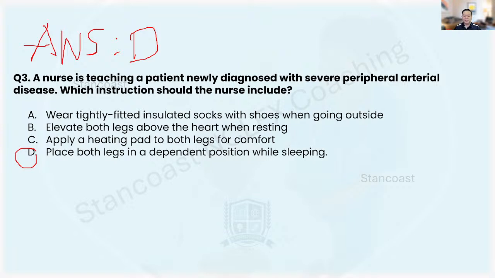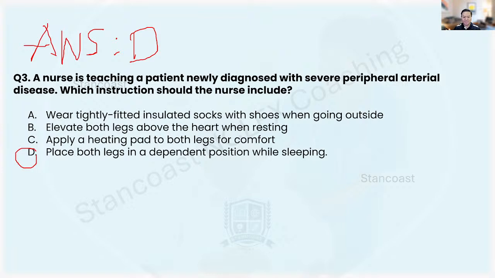Why letter D? Well, remember about the poor circulation to the distal part of the leg or the ankles or toes. You're going to have to promote the circulation by allowing the patient to keep both legs in a dependent position.